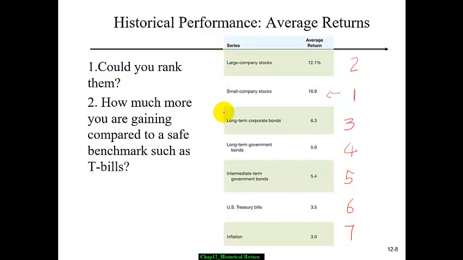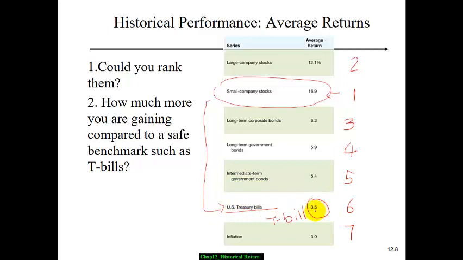That's why you will be very interested in small stock, which seems like a top performer. But we also understand there's a risk involved in stock investment. For taking this additional risk, how much compensation do we have in terms of return gained? You want to compare the performance of small company stocks to a safe investment benchmark such as U.S. Treasury bills, or T-bills.